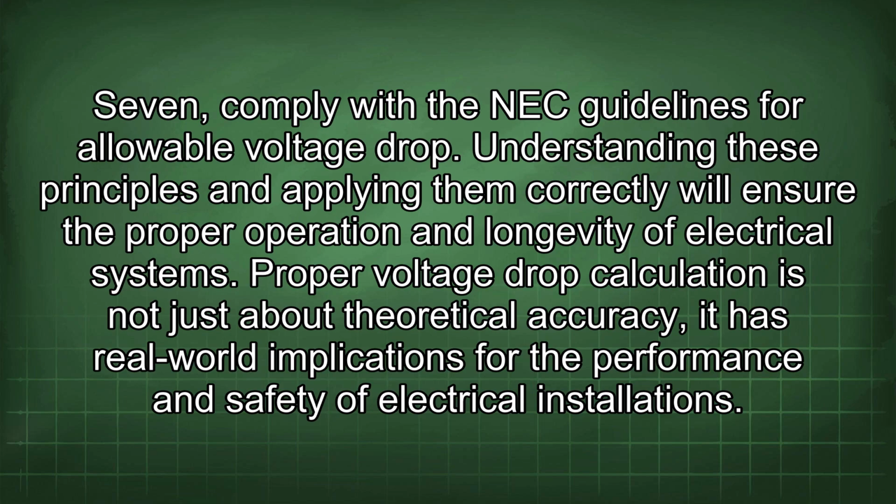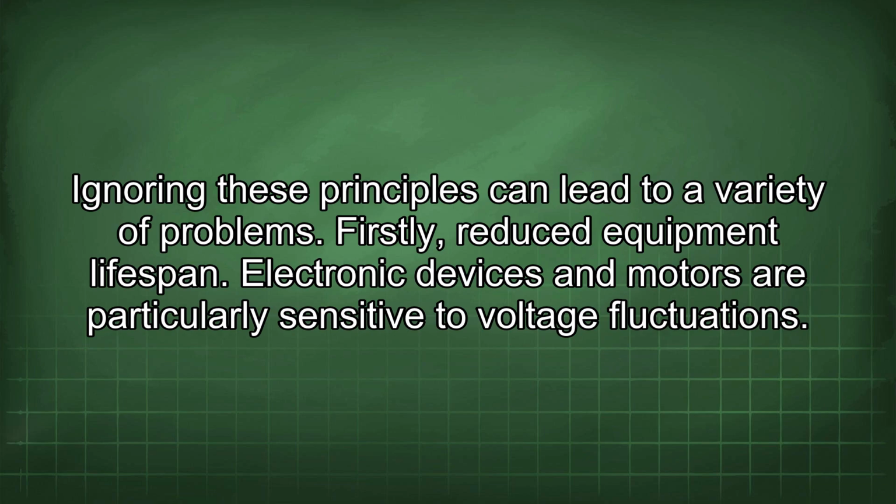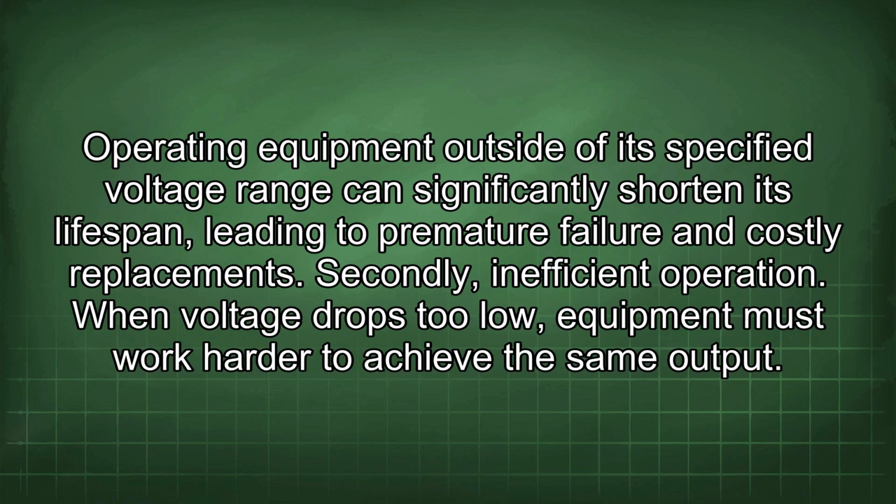Proper voltage drop calculation is not just about theoretical accuracy, it has real-world implications for the performance and safety of electrical installations. Ignoring these principles can lead to a variety of problems. Firstly, reduced equipment lifespan. Electronic devices and motors are particularly sensitive to voltage fluctuations. Operating equipment outside of its specified voltage range can significantly shorten its lifespan, leading to premature failure and costly replacements.